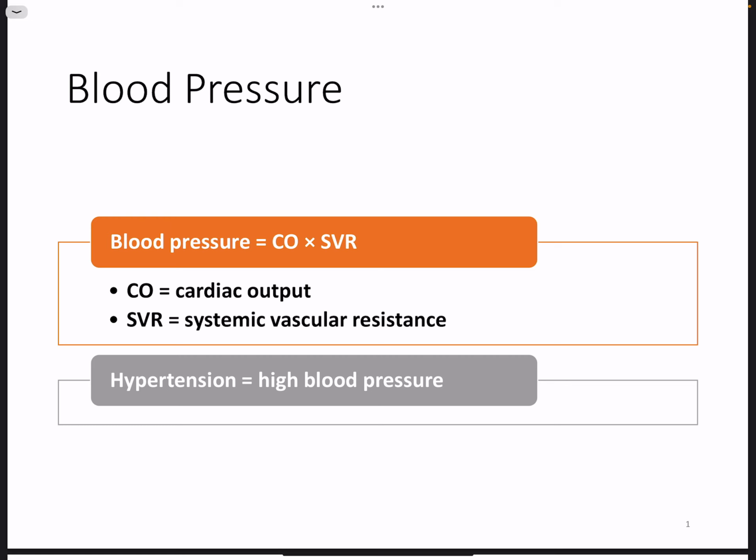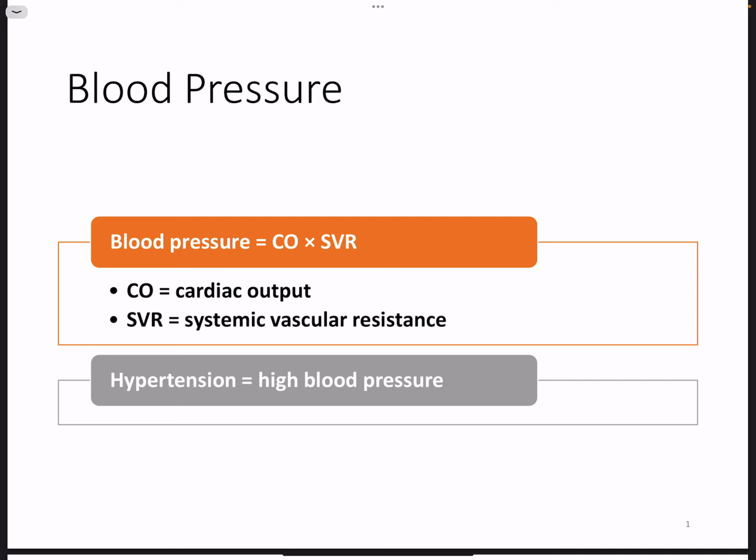Forget about hypercholesteremia, hypertriglyceridemia, and so on. Alone to control blood pressure, you will see in your clinics that they will show you, doctor, I'm using these 4 or 5 medications only to control blood pressure. So you can understand how serious this problem is.